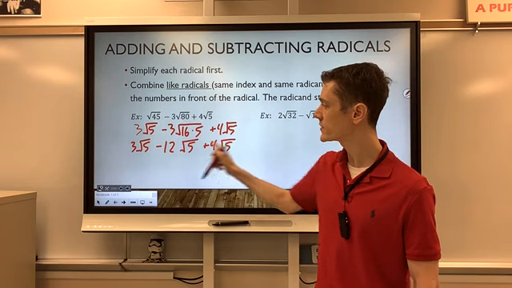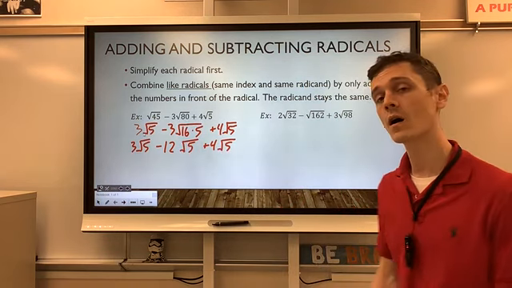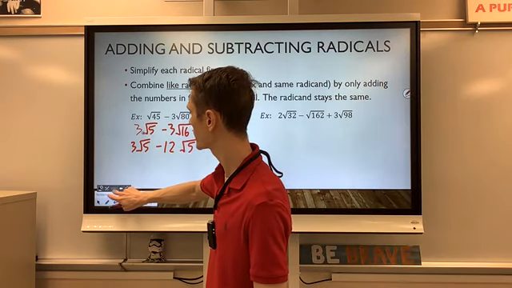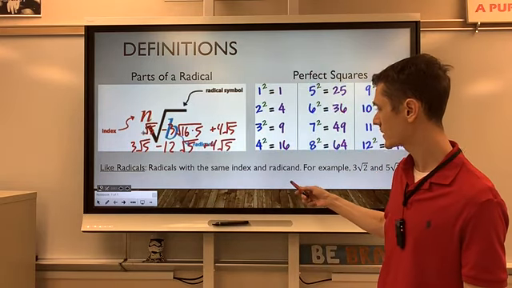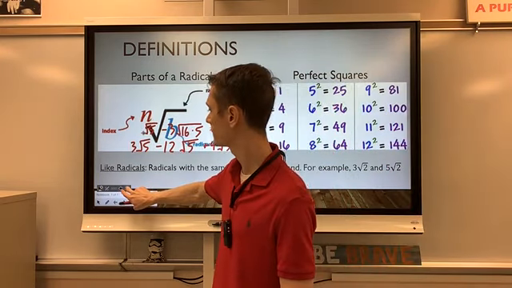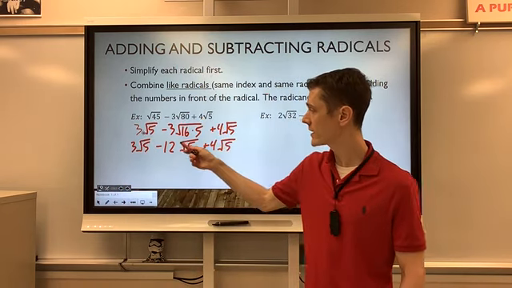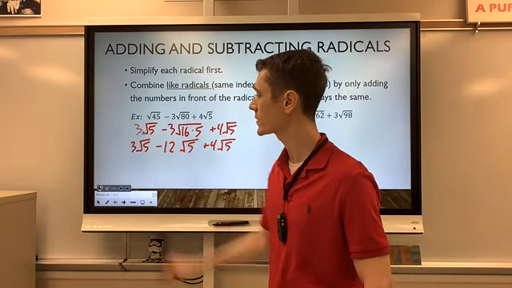So now I have these 3 radicals. For adding and subtracting, this is where we need to check: are they like radicals? So I'll remind you of the definition we had for this. We said like radicals are radicals that have the same index and the same radicand. Well, these all have an index of 2. None of them have a little number written in the top corner of that square root radical symbol.